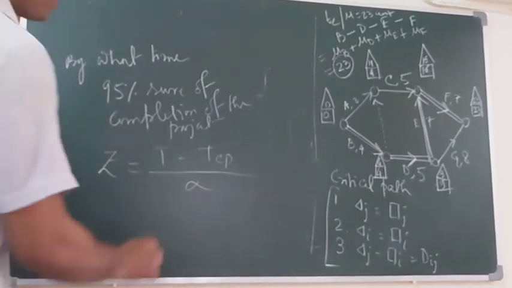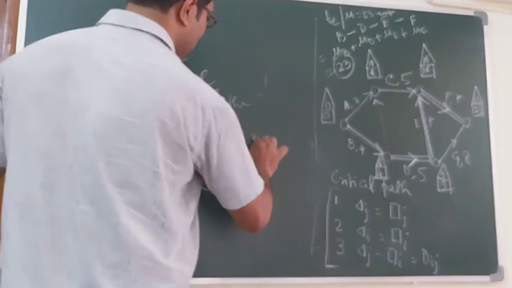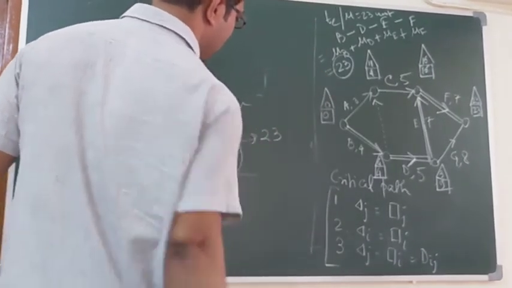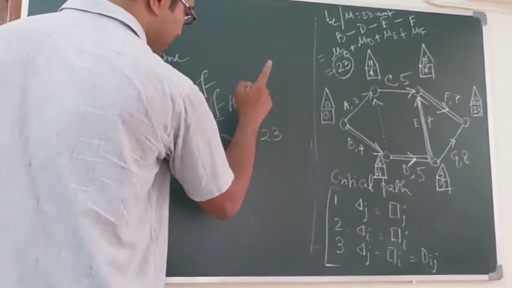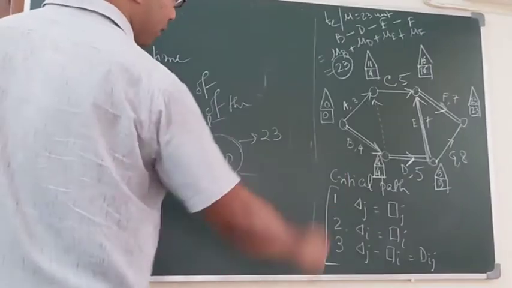So what is TCP? 23 units, the expected or mean of the network beta distribution.